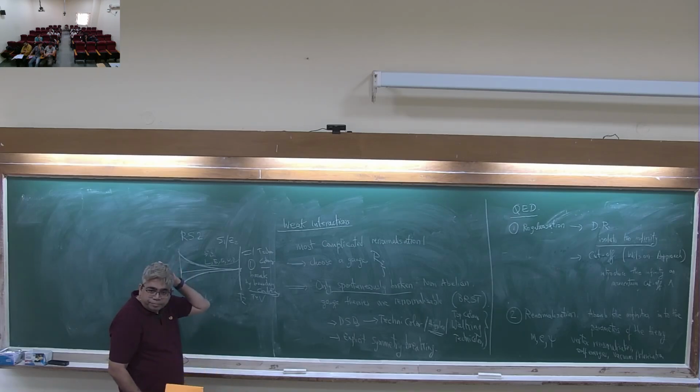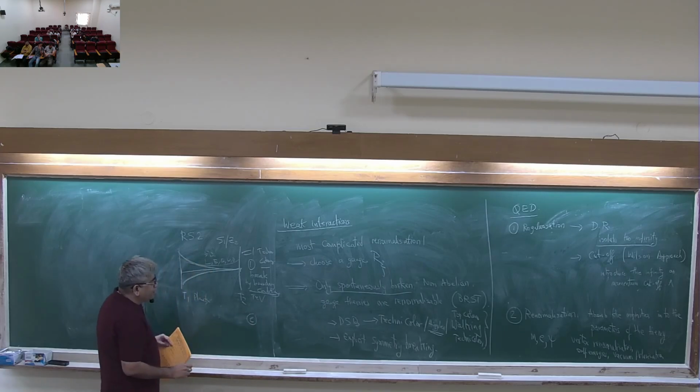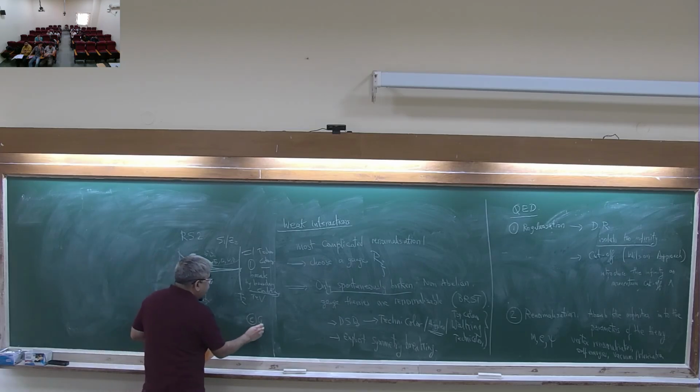The other thing you can do is put the Higgs, because there is a gauge group here, and the Higgs will be part of the scalar of the gauge group. I don't know, I'll get time to do this. This is called gauge Higgs unification.